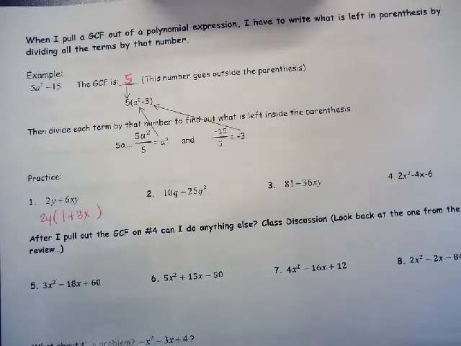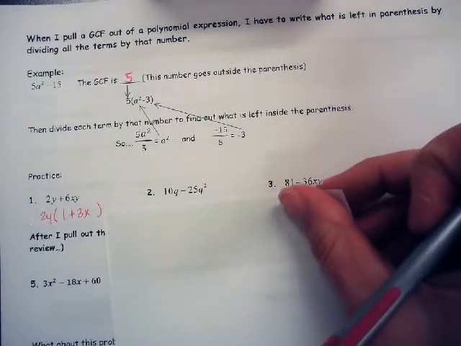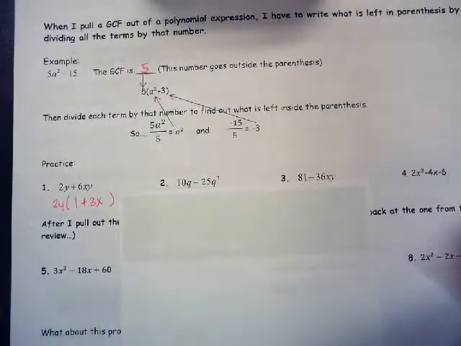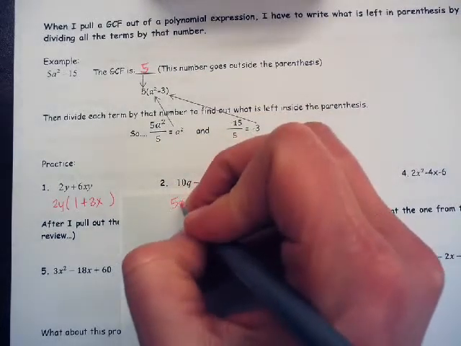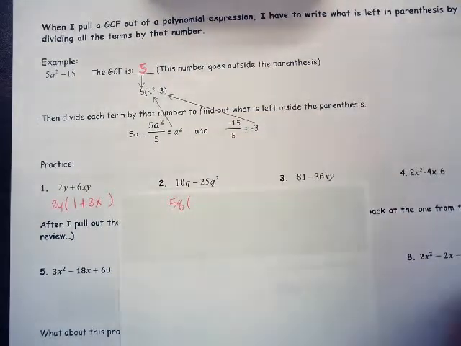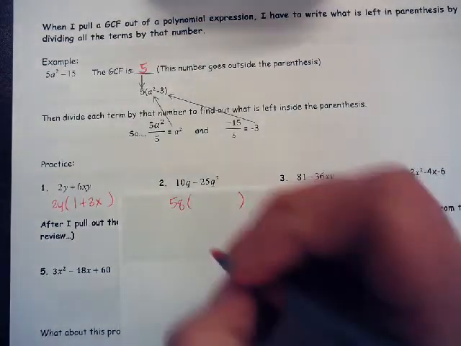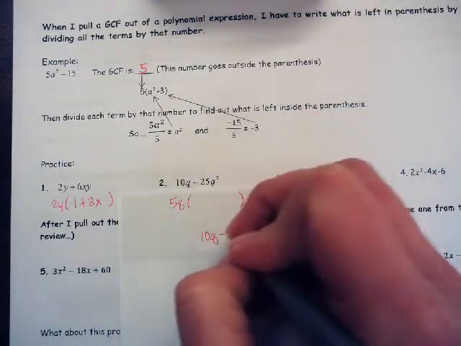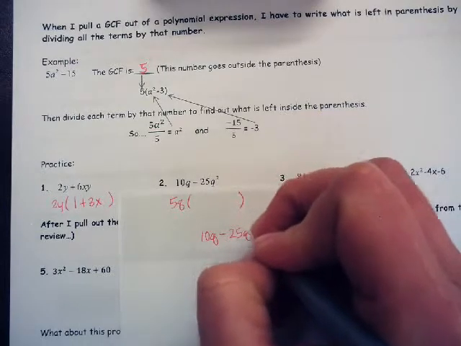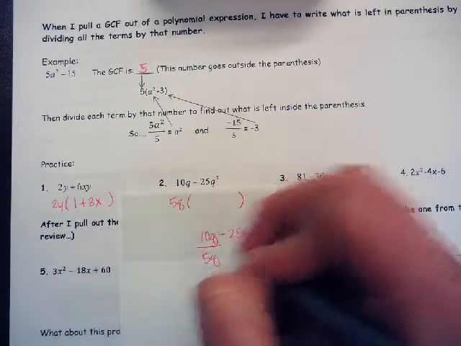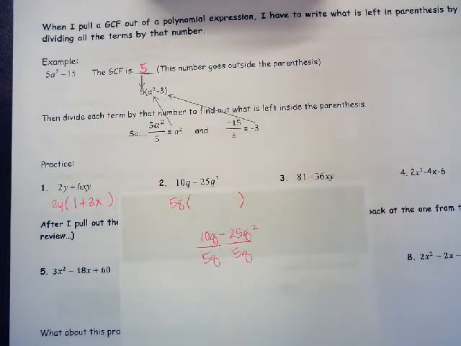Let's try number 2. My greatest common factor between these two is 5q. So I take 5q and I pull it out front, and then leave my empty parentheses there. Now I'm going to take 10q minus 25q squared, and I'm going to divide both terms by 5q.